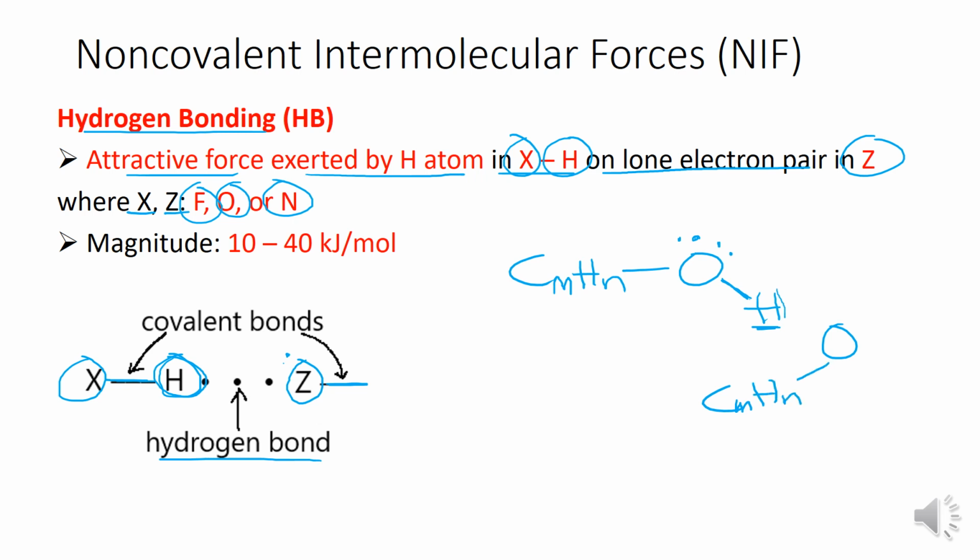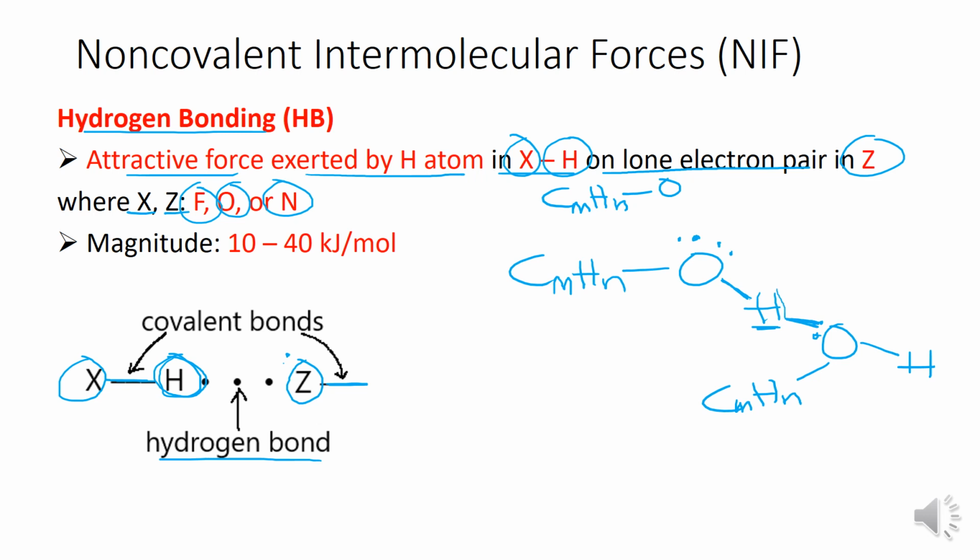So say we have here another CmHn, with oxygen and hydrogen. This hydrogen will be attracted to one of the lone electron pairs in the oxygen of another molecule. Then these two lone electron pairs will also be attracted to a hydrogen atom of another molecule.